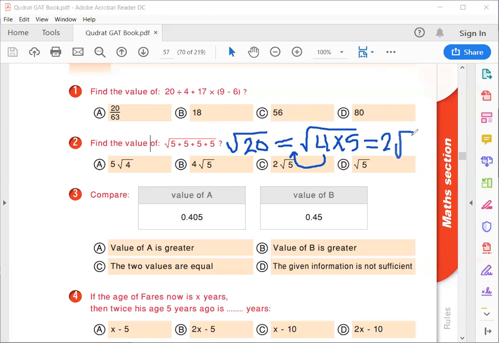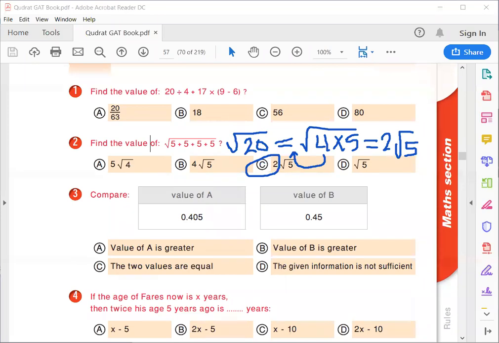Then the leftover is the square root of 5. What is the answer, my student? It is also C. Is it clear? My student, is it clear? Right, good.